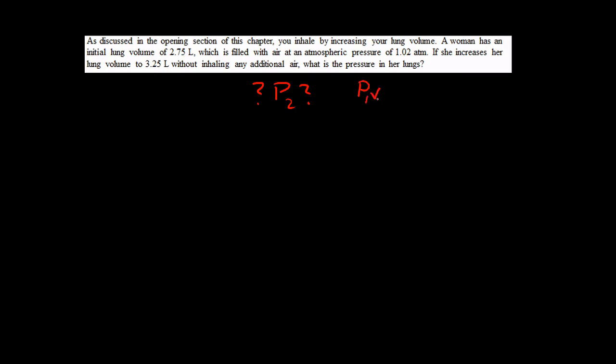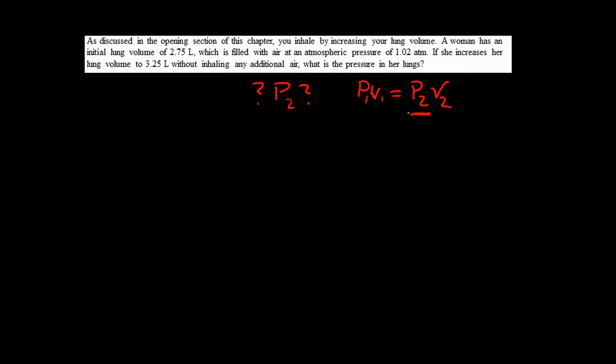So I'm going to be using Boyle's law. So the pressure times the volume is equal to a second pressure times the volume. I'm trying to find this, and hopefully I'm given everything else. And if I check here, I'm told the initial lung volume and pressure, and I'm told the final volume.